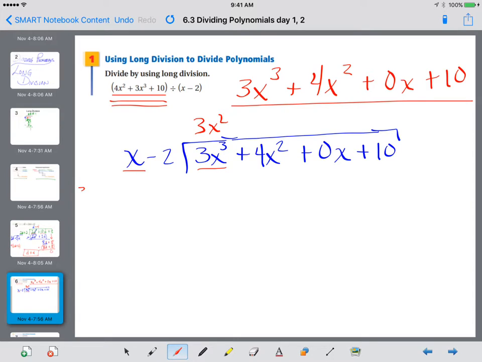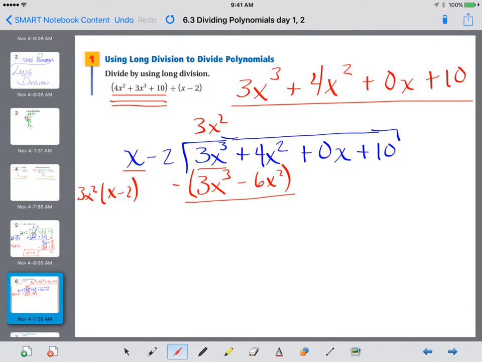So now I have to take 3x squared and distribute it to x minus 2 in order to get my next row underneath. So 3x squared times x, there's my 3x to the third I was interested in. And 3x squared times negative 2 would be minus 6x squared. Here is where we have to remember these parentheses and this subtraction so we don't get our symbols mixed up here.